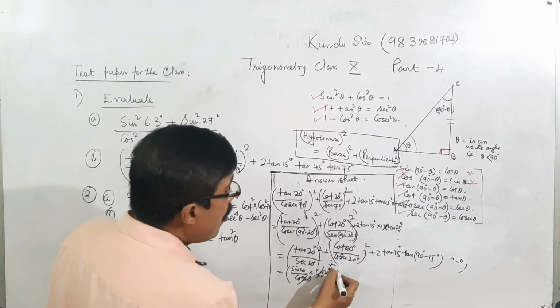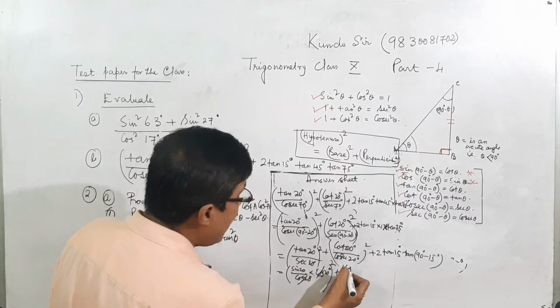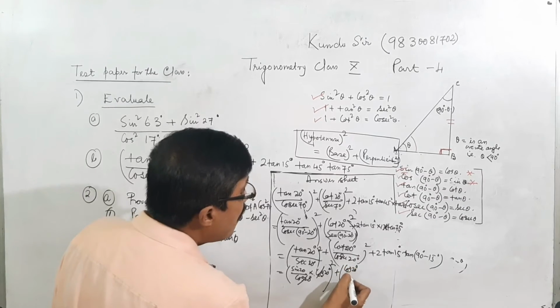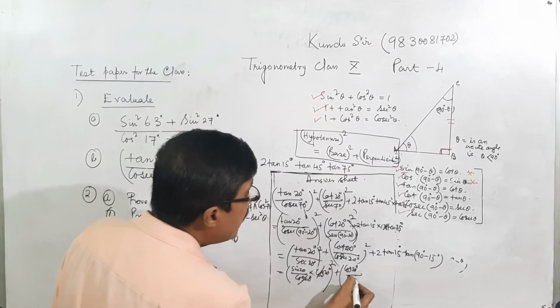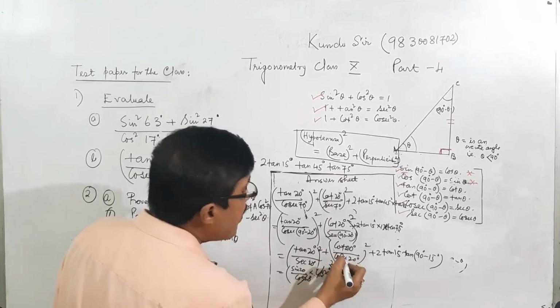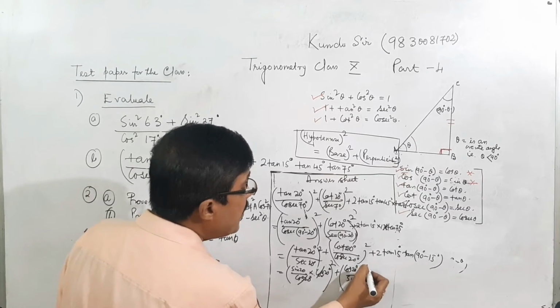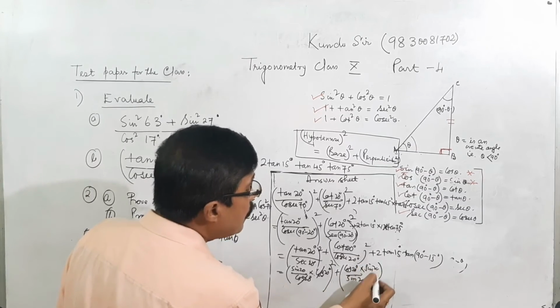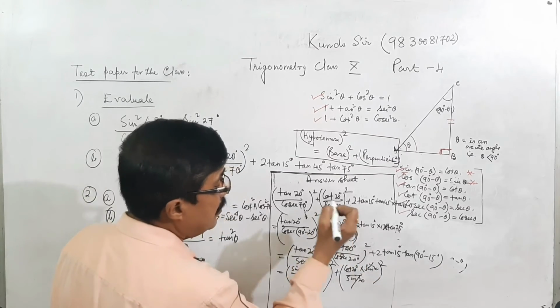Now cot means cos 20 degree by sin 20 degree, and 1 by cosec 20 degree equal to sin 20 degree, whole square. We are cancelling this one and this one.